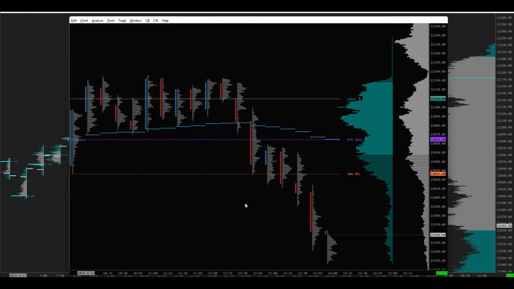Because large players, they're not trying to nail exact specific entries like we are sometimes trying to do intraday, or what swing traders might be trying to do. The largest players are going to absorb in an area, in multiple different areas.